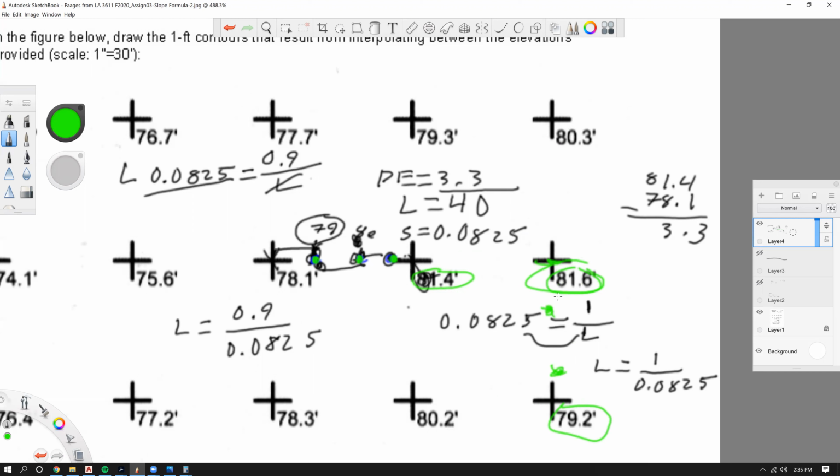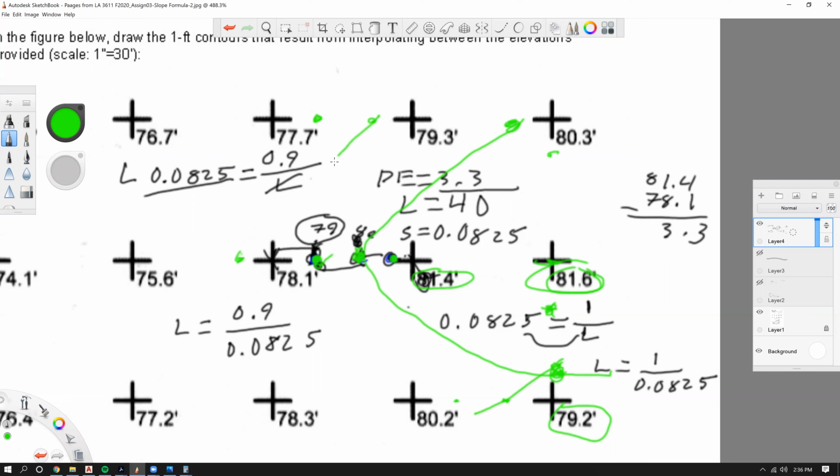The point of this exercise is to find all of these points between these crosses, and then you're going to end up connecting them. You're going to end up with an 80 over here, an 80 right here, and another 80 over here, and you're going to take a line and connect those 3 80s. And you're going to do that for every single one. You're going to get a 79 and a 78, a 79 over here, a 78 over here.